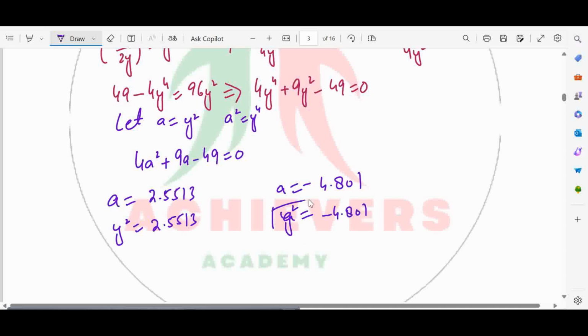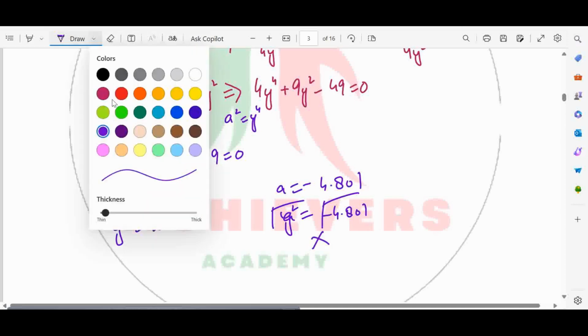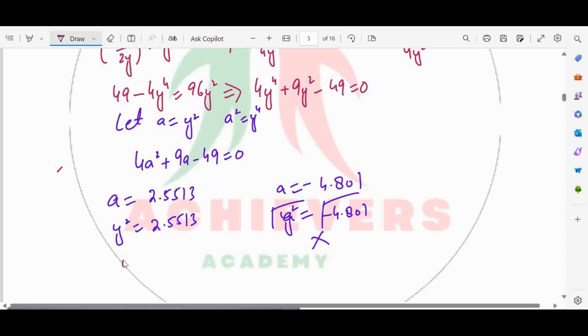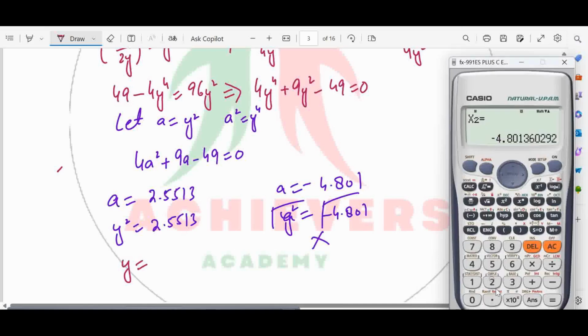If we take square root on both sides, we cannot go further for the negative one. For the first one, y will be equal to the square root of 2.5513, which is approximately 1.6.